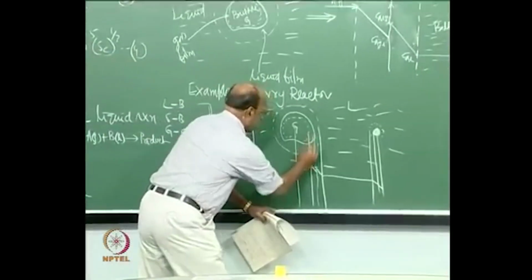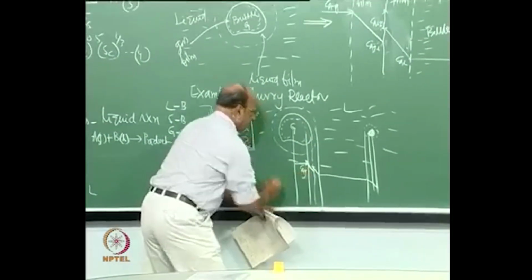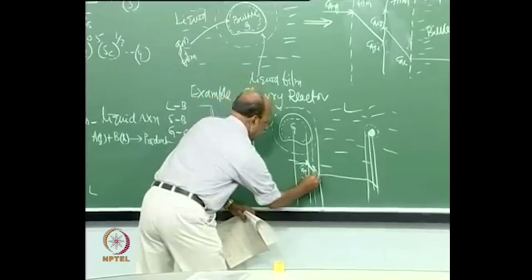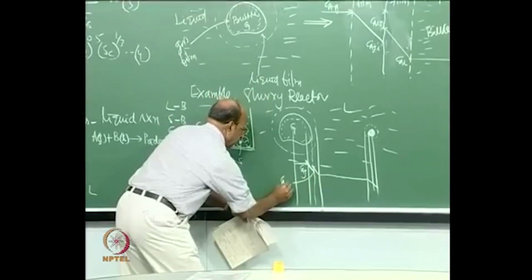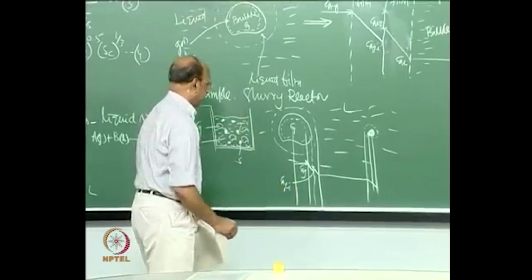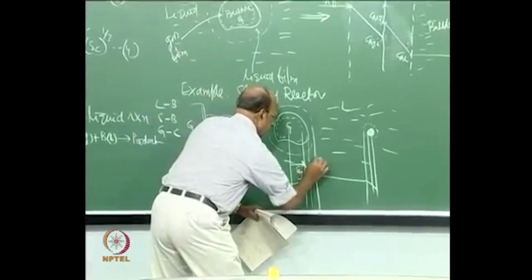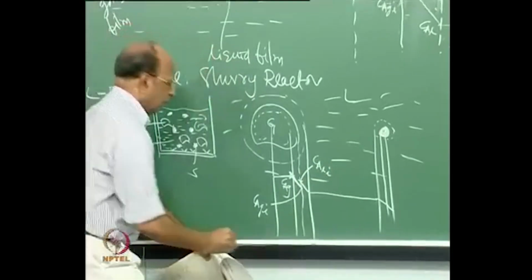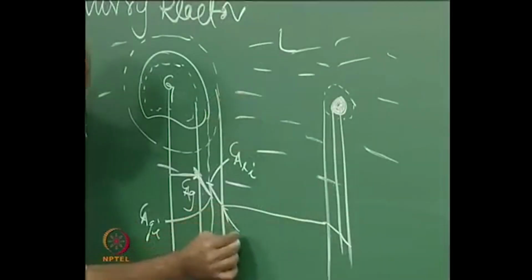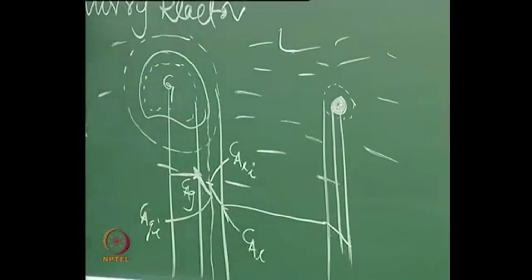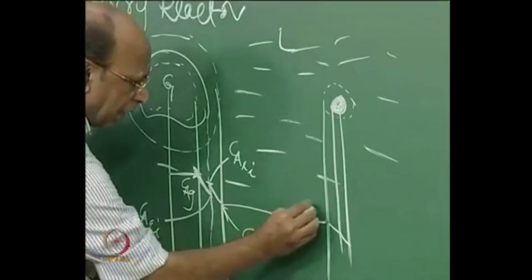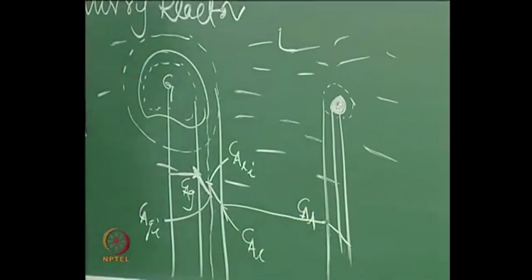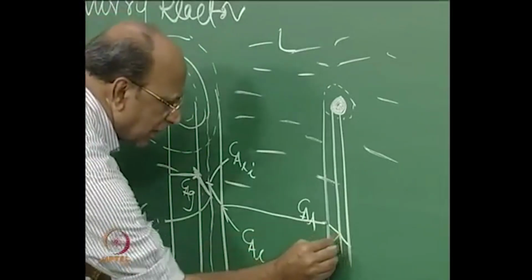Again if I write this thing, this is CAG, this is CAGI, this is CALI, this is CAL, this is also CAL, this is CAS.